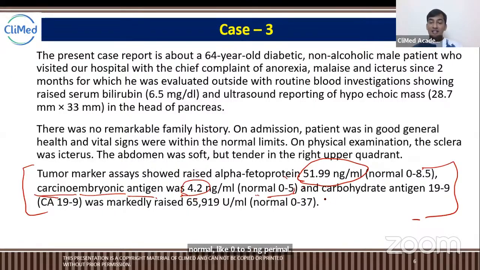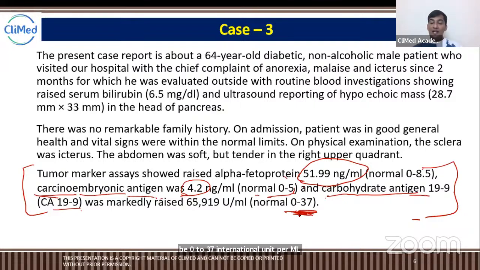The third thing is carbohydrate antigen 19.9, CA 19.9, which should be 0 to 37 international units per ml.